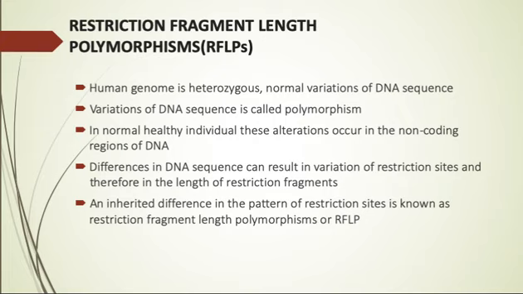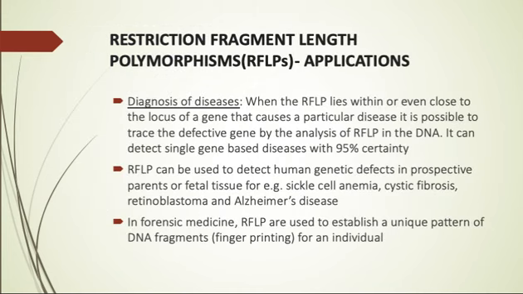So an inherited difference in the pattern of restriction sites is known as a restriction fragment length polymorphism or RFLP. This RFLP helps in the diagnosis of certain diseases. When the RFLP lies within or even close to the locus of a gene that causes a particular disease, it is possible to trace the defective gene by analysis of the RFLP in the DNA.